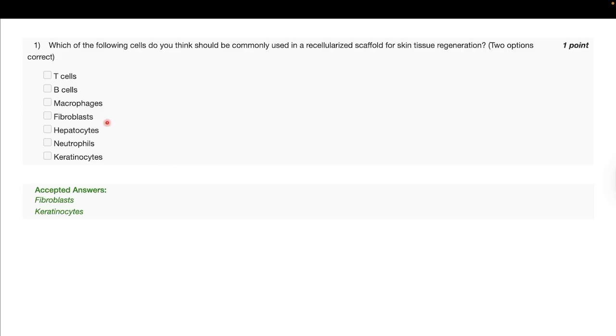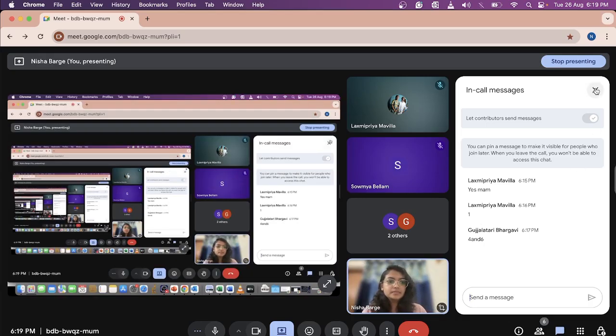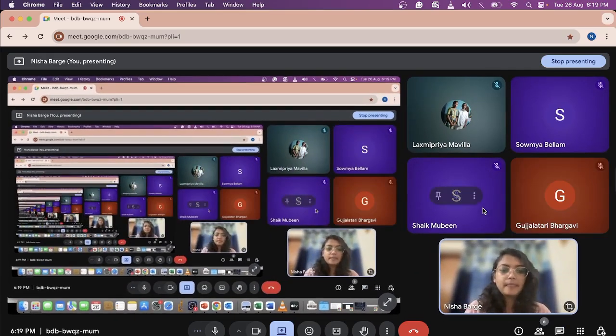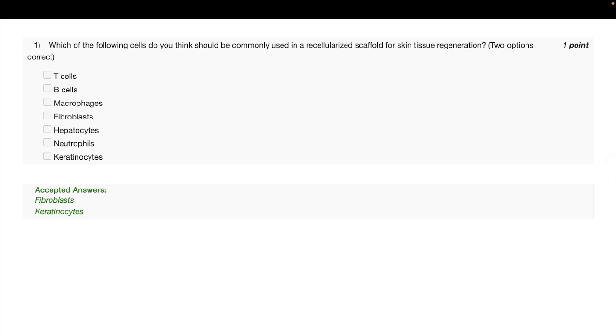If you start putting T cells, B cells, they are already immunogenic in nature. They would start attacking. They would start having reactions against the patient's body. Is that clear? Do let me know if you have any doubts with the explanation or with the question itself. If yes, then we can discuss the question all over again.